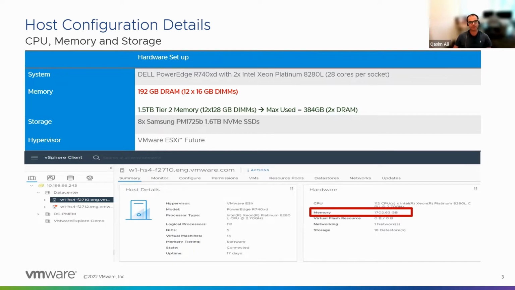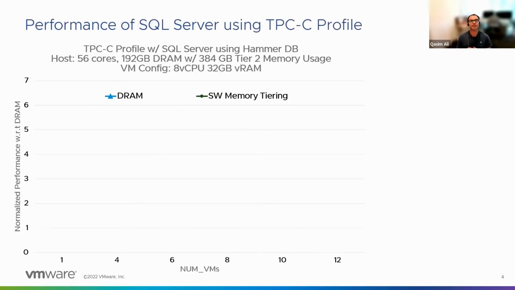Now, let's see what sort of performance we get with certain benchmarks. To begin with, I'm going to start with the performance of SQL Server using HammerDB. I used a TPC-C profile, which is an OLTP, 70% read and write. OLTP stands for Online Transaction Processing. On the x-axis, I have the number of VMs, so this is a scale-out test.